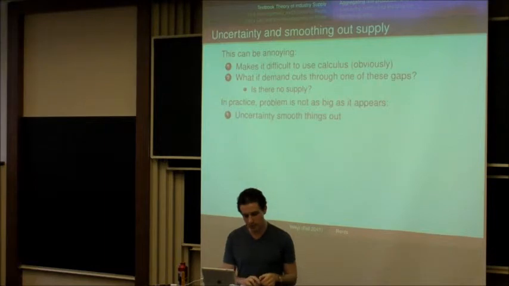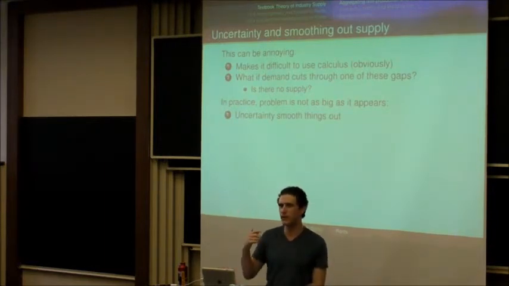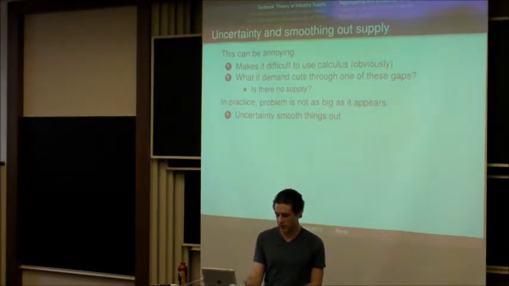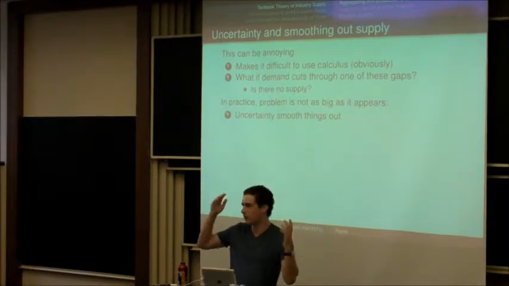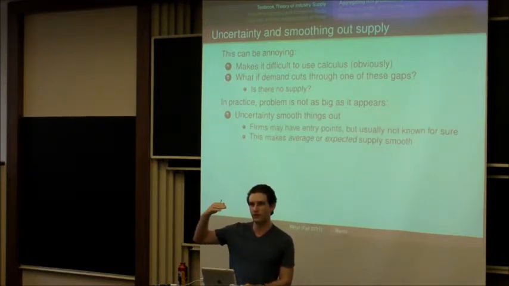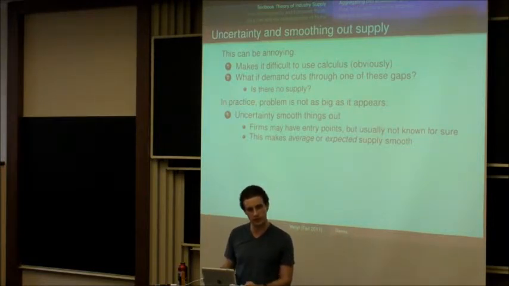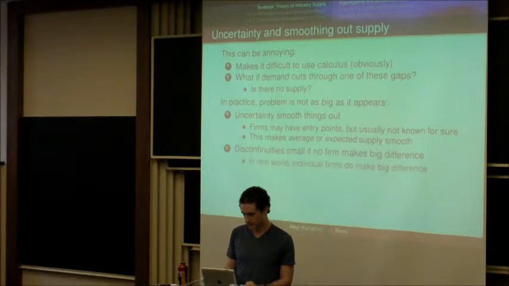So a lot of the times when you get something weird, like there's no equilibrium because demand is cutting through, what it's indicating to you is not that you don't know what's going on, but rather that you've got the wrong model. Once you take into account the fact that the firm can have this big impact, you'll realize that they'll want to reduce their quantity in order to raise the price.